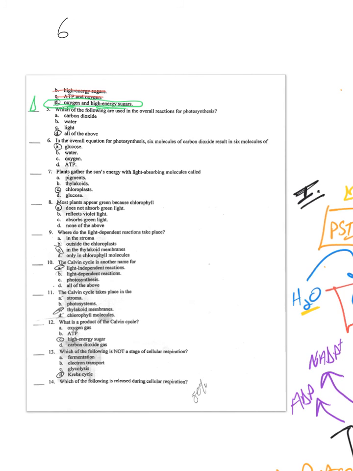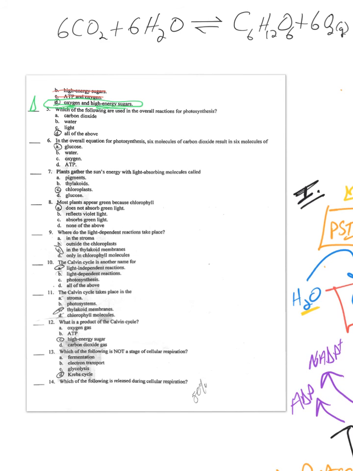It's 6 CO2s plus 6 waters yields 1 C6H12O6 plus 6 oxygen gases.